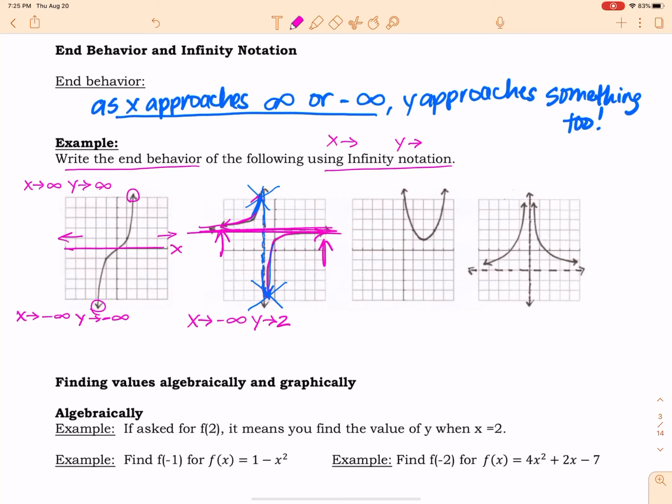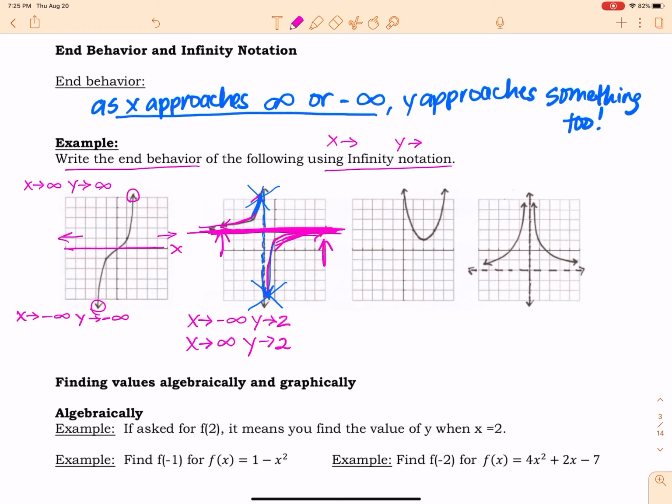And over here on the right side, x is going this way, so it's approaching positive infinity, and again, y is approaching this horizontal asymptote right here, so y is still approaching 2.